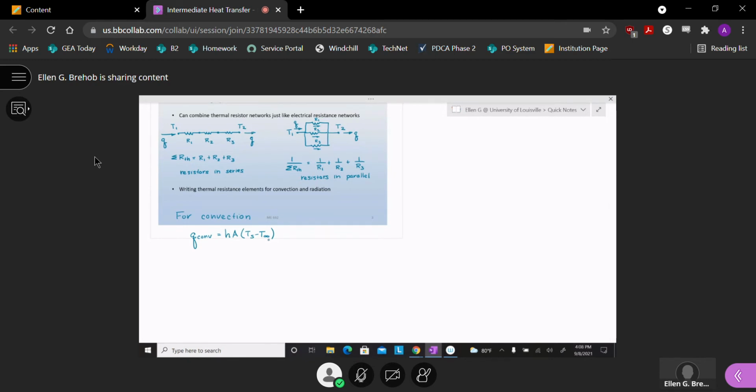That's our general equation to describe convection. And if I wanted to put this in my typical form, delta T over thermal resistance, well, here's my delta T. So it says thermal resistance is 1 over a convective heat transfer coefficient times area.